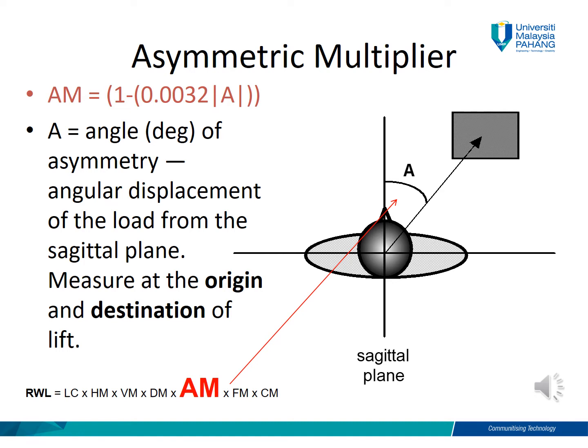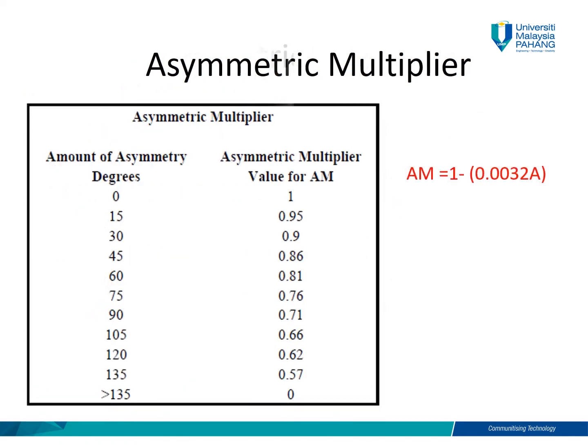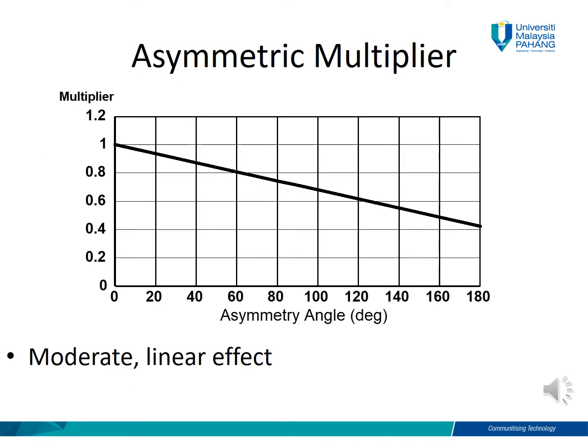After we obtain A, the angle of the movement during lifting, and also the torso movement, we have to insert the value of A in the calculation of the asymmetry multiplier. Here is the graph of the asymmetry multiplier for your reference.